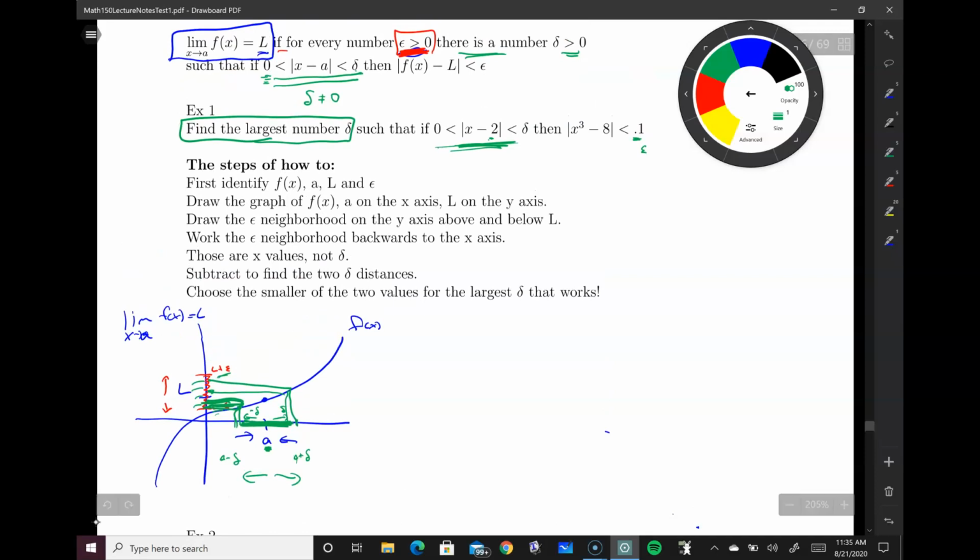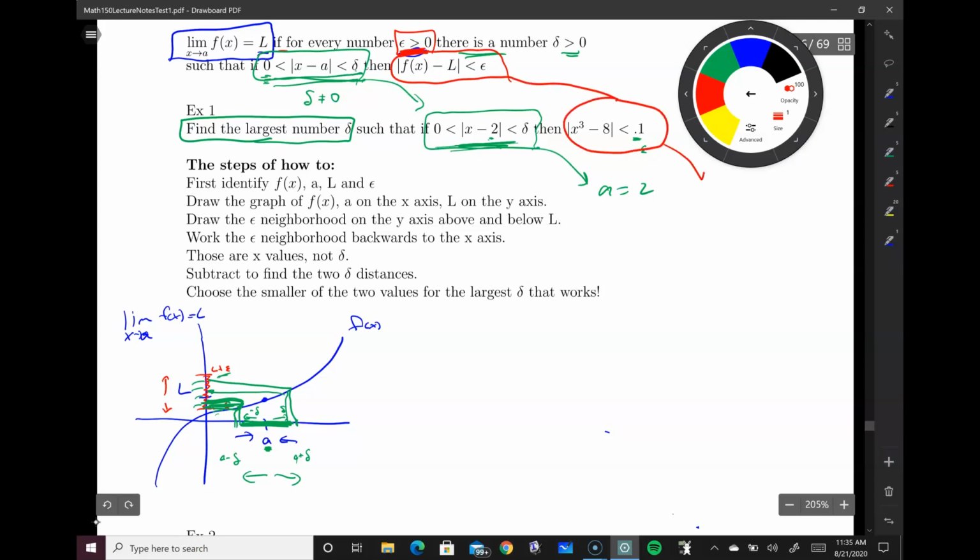Looking up here and comparing those two, that tells me that a equals 2. Now let's compare this and this. This is telling me that the epsilon is 0.1.